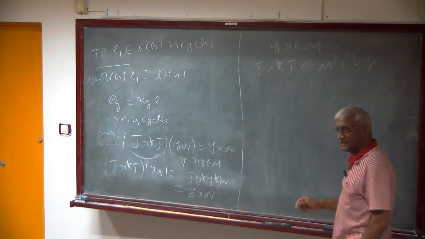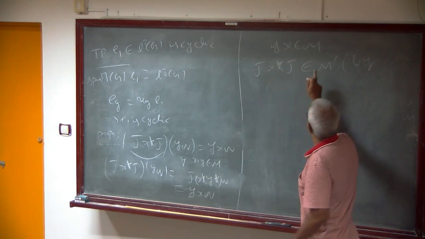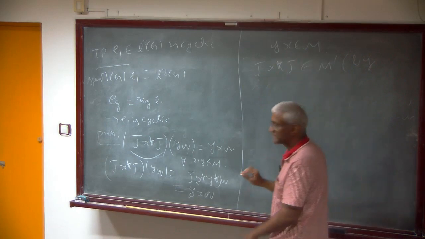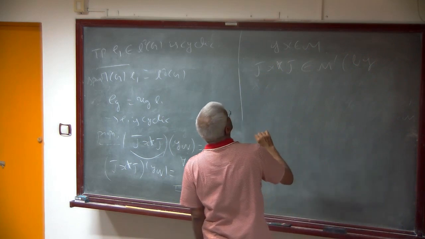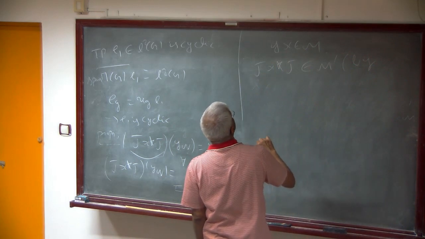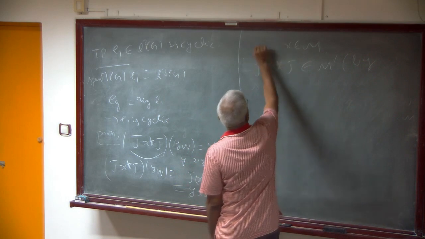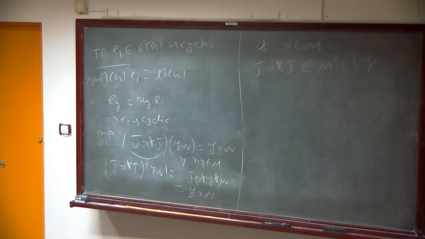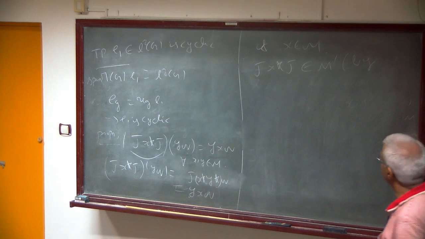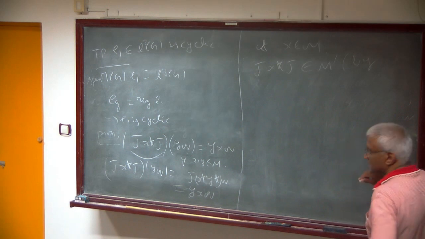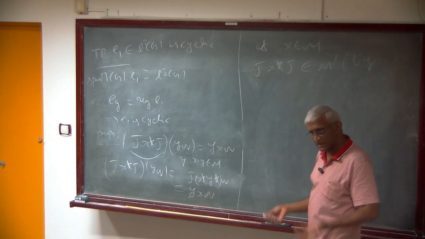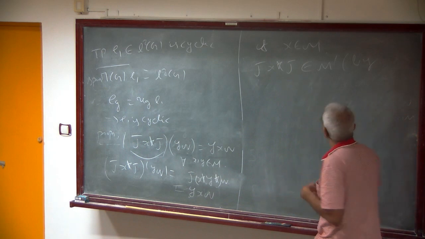So vectors in M act as right multiplication. What have I written? What is yx in M, for x in M? I'm confused about my own handwriting. So if x is in M, then x acts as left multiplication, j x star j acts as right multiplication, and they commute due to associativity.